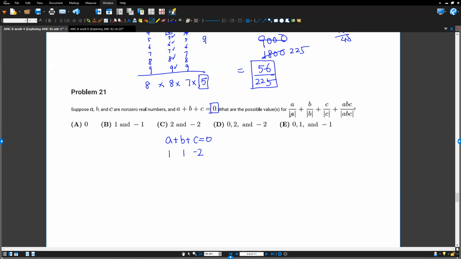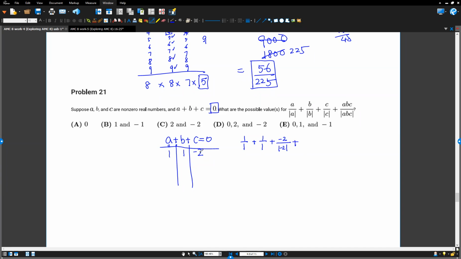Okay, put these numbers there. A is 1, so A over |A| is 1 over 1, okay? The absolute value of 1 is 1, plus B is 1, B over 1 is 1, plus C is -2, with absolute value of -2 which is 2.